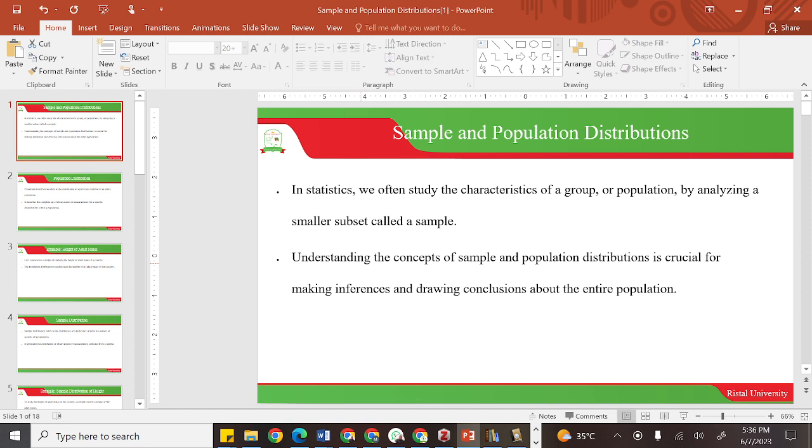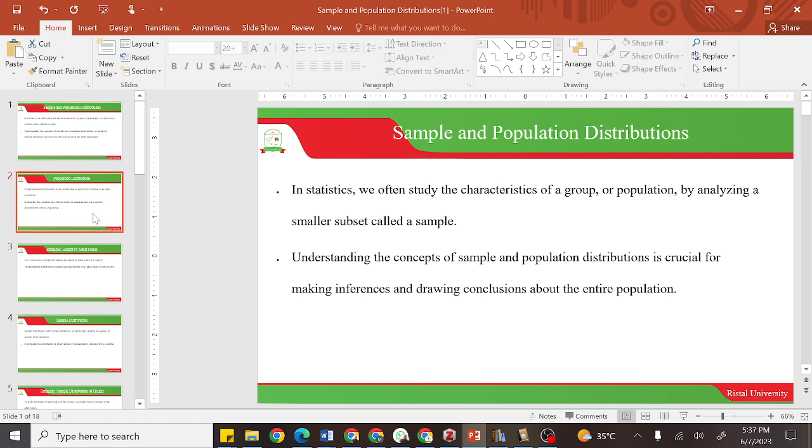So we make inferences on populations based on what we get in our studies, which usually rely on samples. So we need to understand concepts related to sample and population distributions in order for us to make accurate inferences about the entire populations.